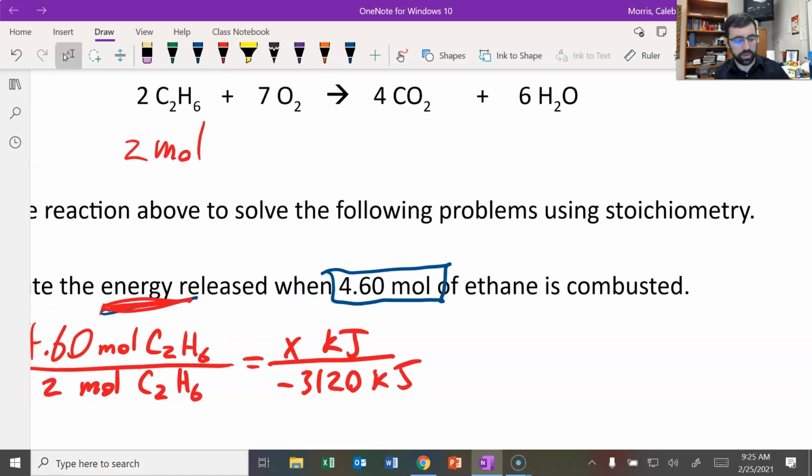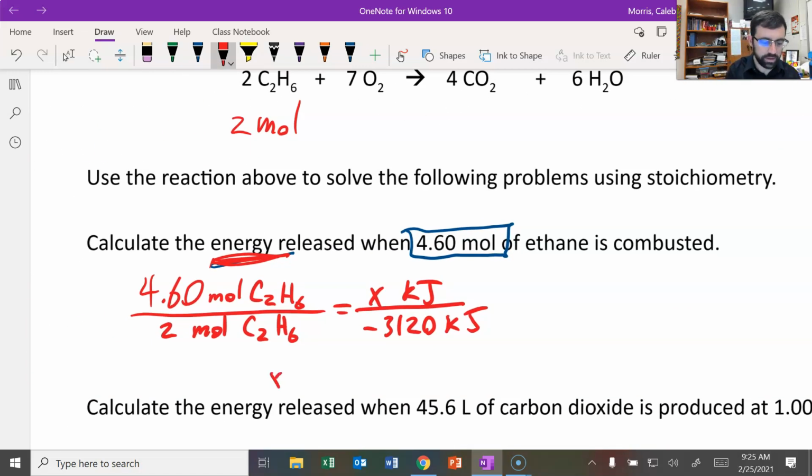Then we can cross multiply and solve for X. 2x equals 4.60 times negative 3,120. I know you can do that kind of math. Then you would end up dividing by 2 and you'd solve. We end up with x equals negative 7,180 kilojoules when we round to 3 significant figures.